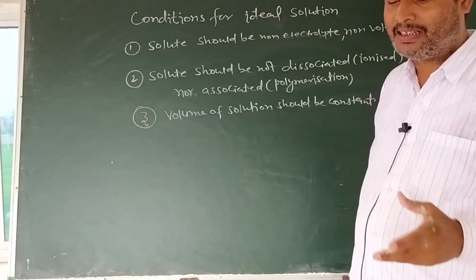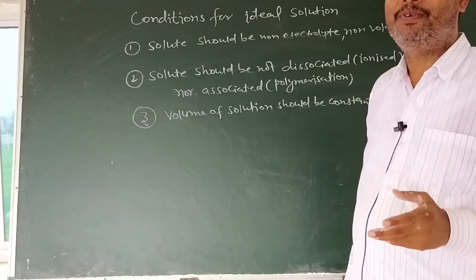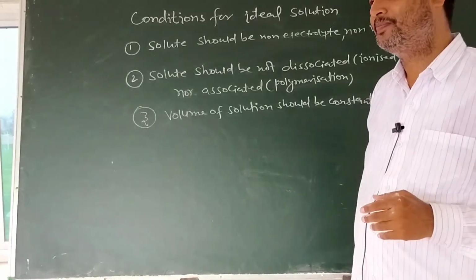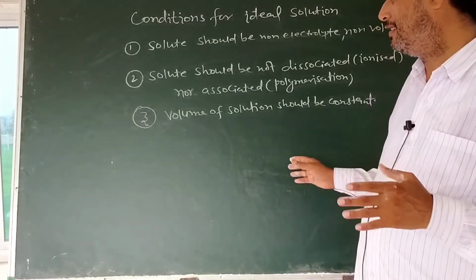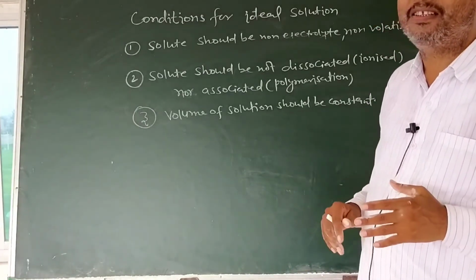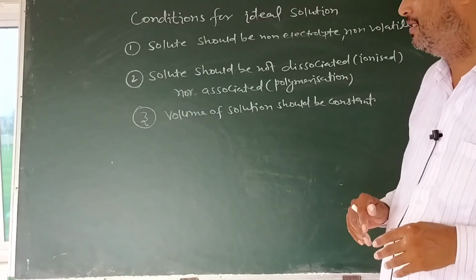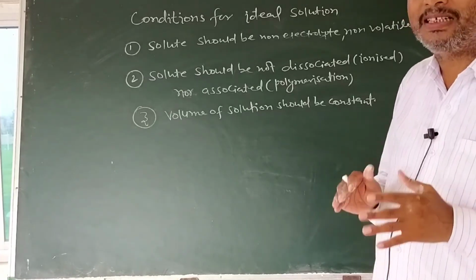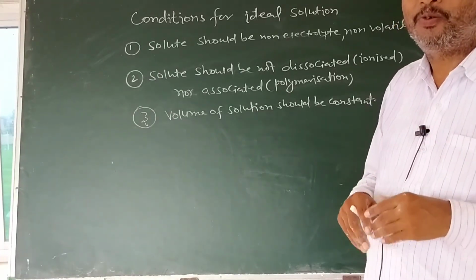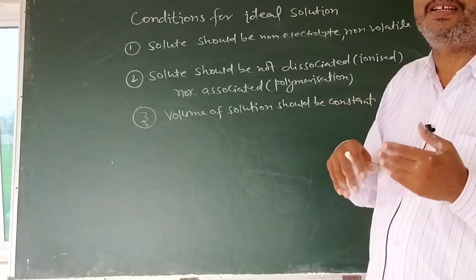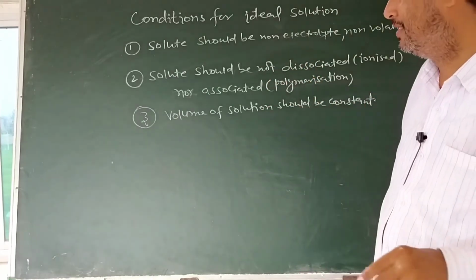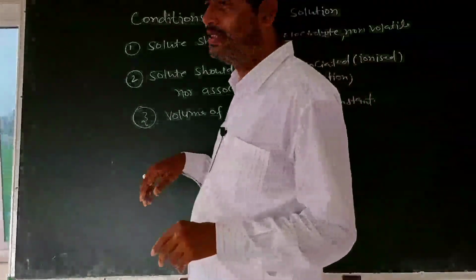It is due to the interaction between solvent and solute. It is an essential condition for the formation of an ideal solution that the volume of solution remains constant, no increment, no decrement in the total volume. So the volume of solution should be constant.